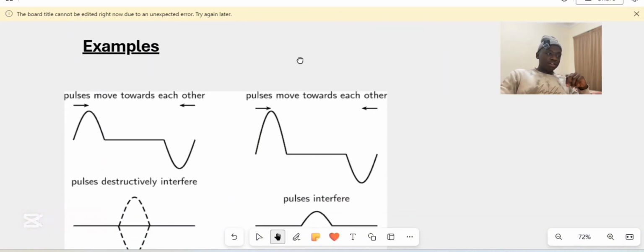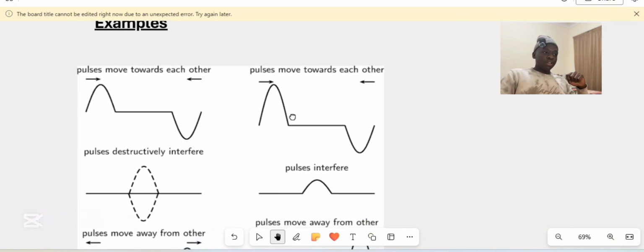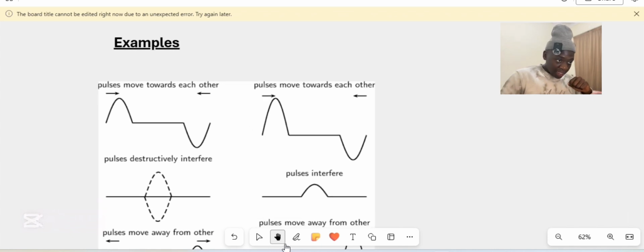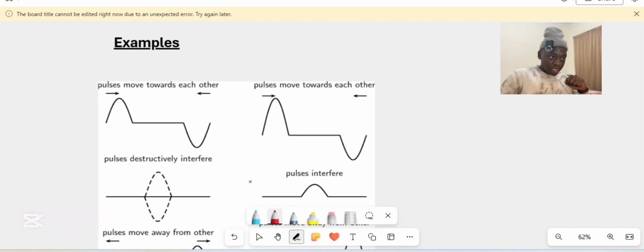So let's jump on to some examples of what we've been doing today. Indicate that this is example 1 and this is example 2. Example 1: two pulses move towards each other. This pulse is positive. This one is negative.